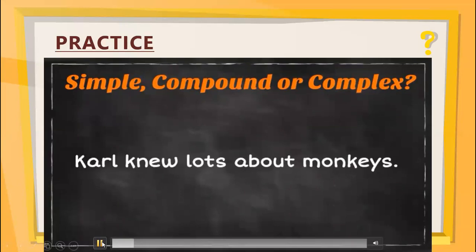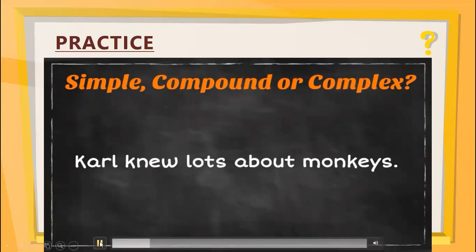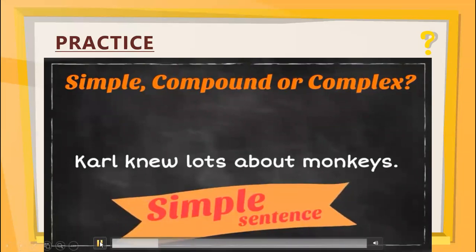Carl knew lots about monkeys. Malik Ashraf, what is this sentence? Simple, compound, or complex? Simple. Great. That's right, it's a simple sentence. It has one subject and one verb.